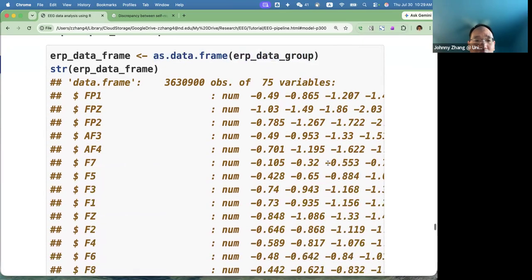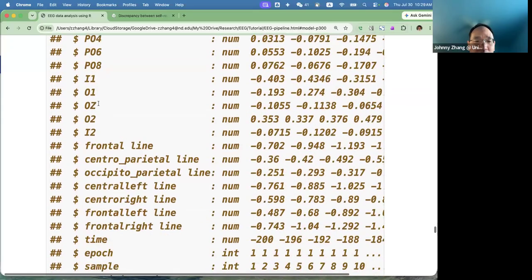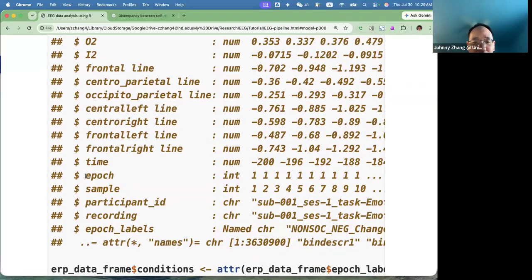Notice that now I have a data frame with 75 variables and that number of observations. In this data frame, I have all the channel information, the information for each channel. Beyond that, I also have the epoch information, participant ID, and epoch labels. Participant ID is there because now I have 147 people, so there should be 147 different IDs.